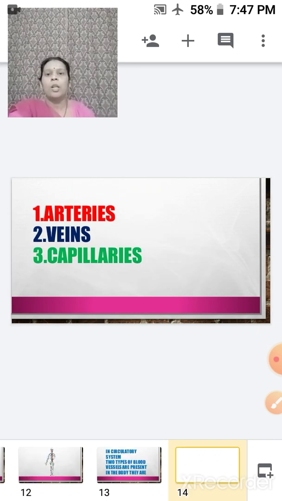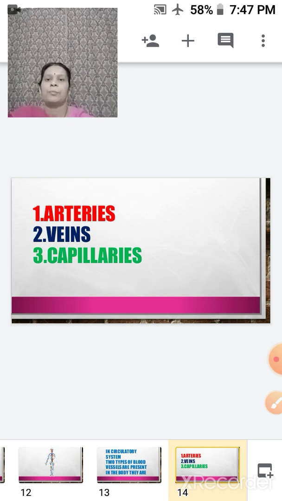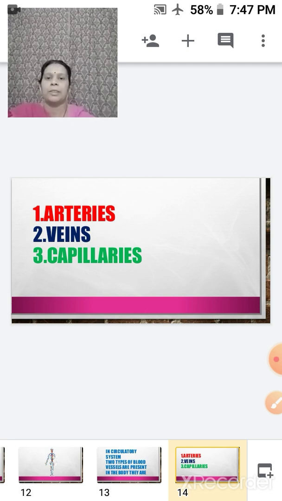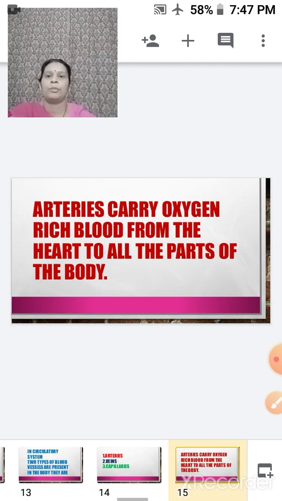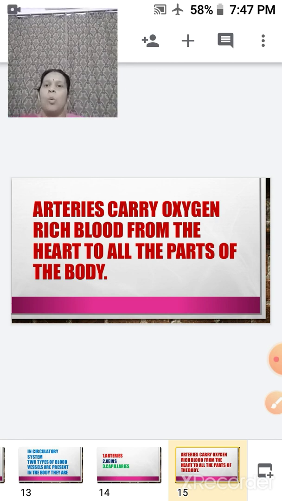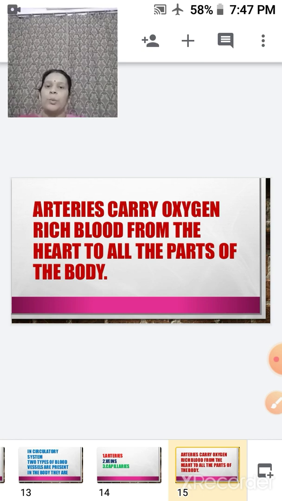When we talk of these two types of tubes, they are your arteries and the veins. And the third part is the capillaries. So we'll be discussing each in detail. What are arteries? Arteries are basically red in color.